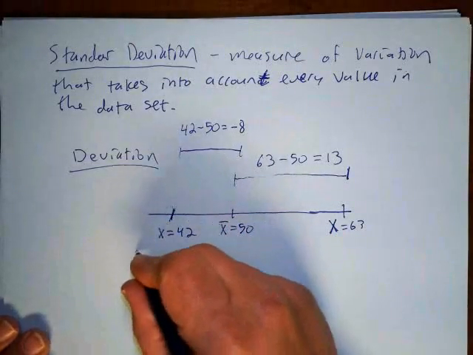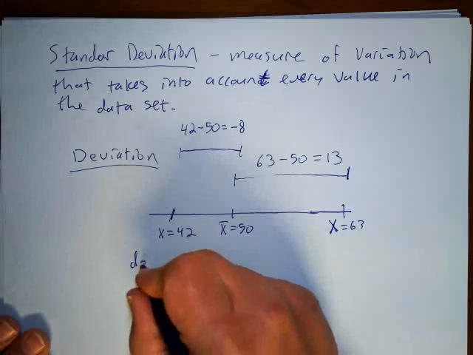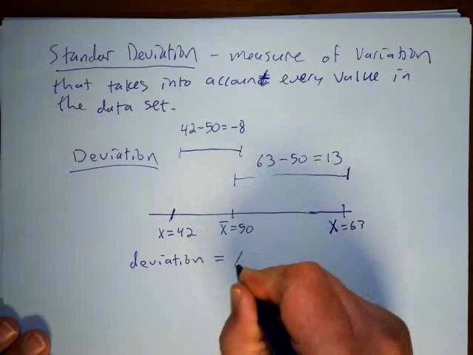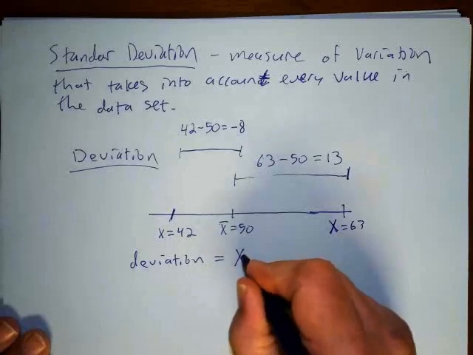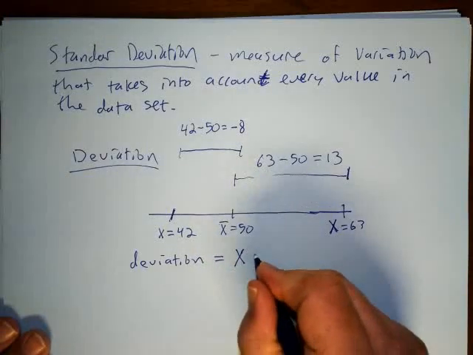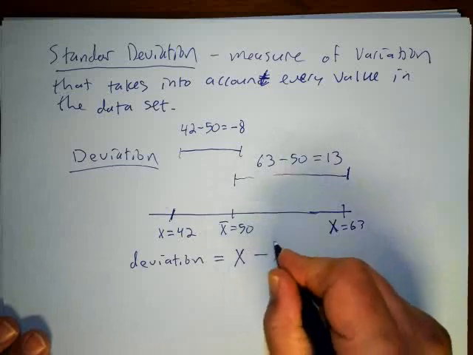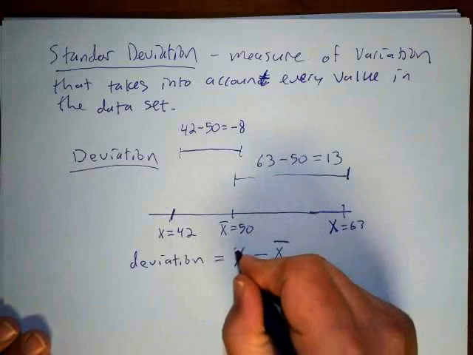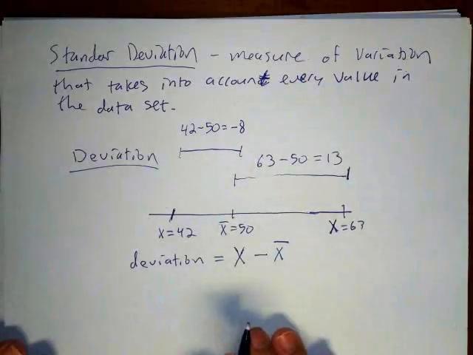So the formula for a single deviation would be really simple. For each value in the data set, you would take the x value and subtract the mean. So x minus x bar, and that is how you would represent a single deviation in a data set.